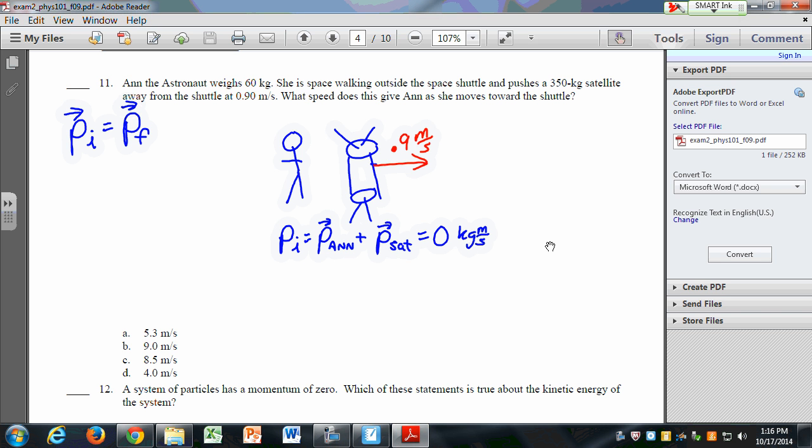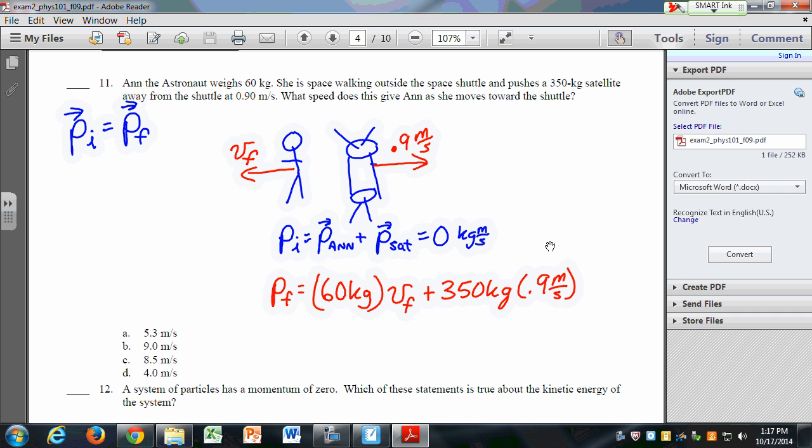So there has to be another velocity here that will cause her momentum to be equal but opposite that of the satellite. So P final will be the mass of Anne, which is 60 kilograms, times her final velocity, plus 350 kilograms times 0.9 meters per second. And that's going to equal 0. And then we solve for VF.